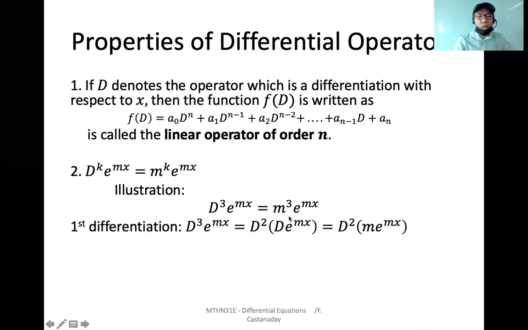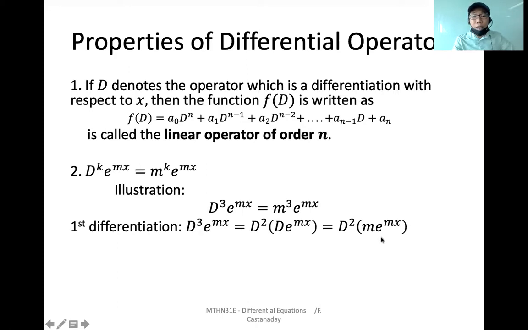Now, paano nangyari yon? Pag dating sa first differentiation, una muna, the first differentiation, so we spare muna yung dalawang differentiation, or D squared. So D squared times D is D cubed, di ba? So this means that you have to differentiate the exponential function e raised to mx. How do you differentiate an exponential function?